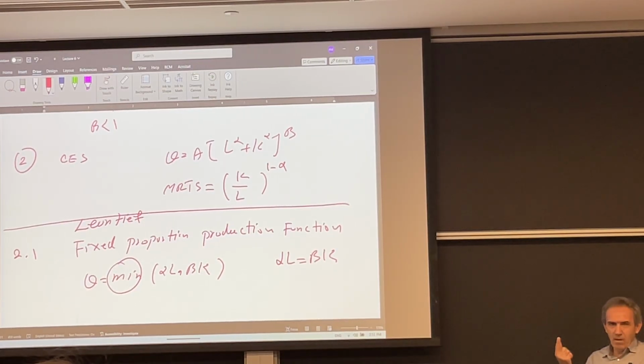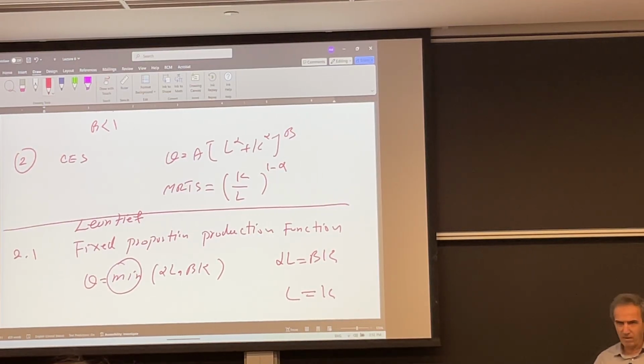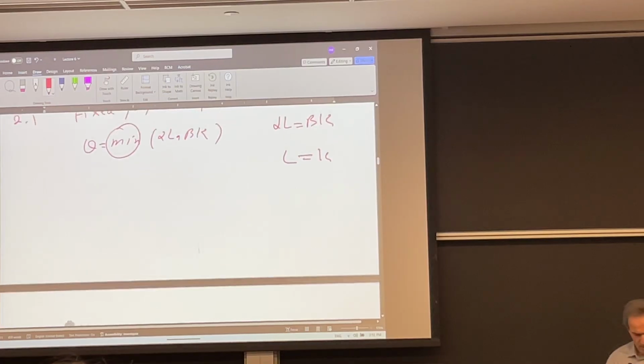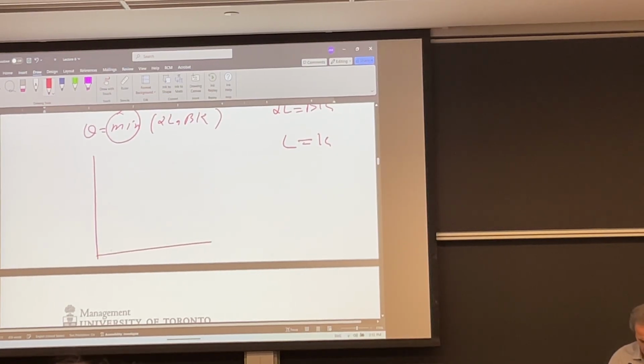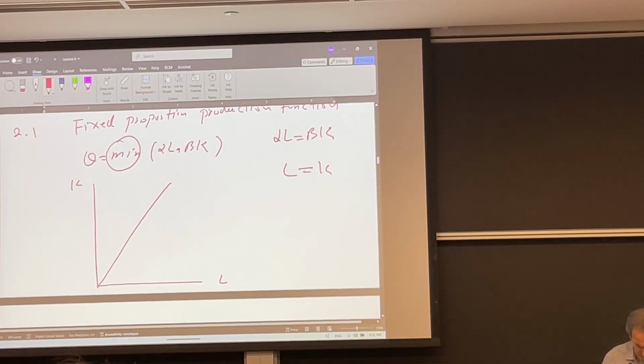They must have one car and one driver. So what's the alpha and beta there? 1, 1. One car, one driver. So production must be on this line. That's the only efficient production. That's K. That's L.